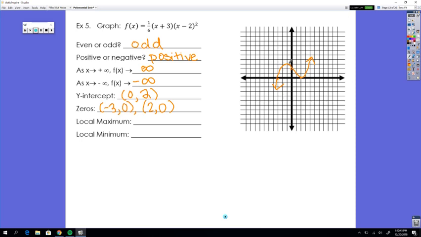Our local maximum is this point right here, which we can find in the calculator or on Desmos as being -1.33, 3.09. And our local minimum, this point right here, is just 2, 0. Again, all of these points can be found in the calculator.